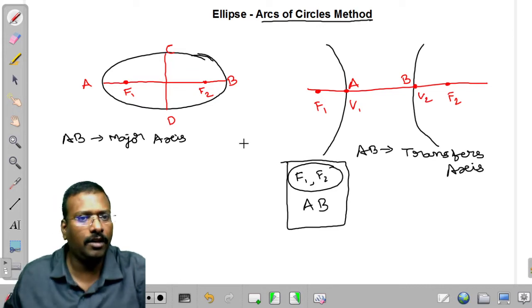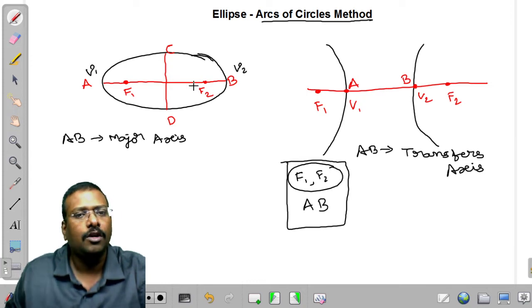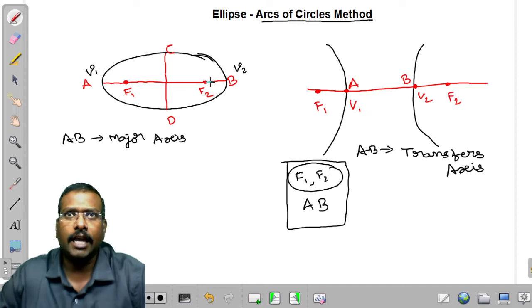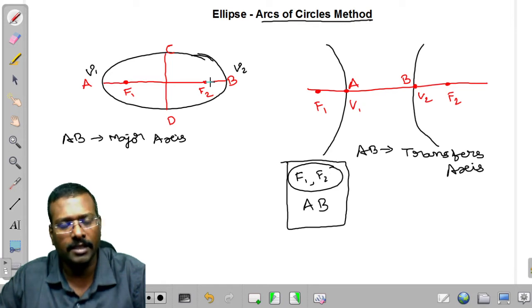Normally in the ellipse also, these two are the vertices V1, V2, but we consider the gap between the vertices as the major axis in the case of an ellipse, and the transverse axis in the case of a hyperbola. Therefore, if AB and F1, F2 are given, we can apply the arcs of circles method.